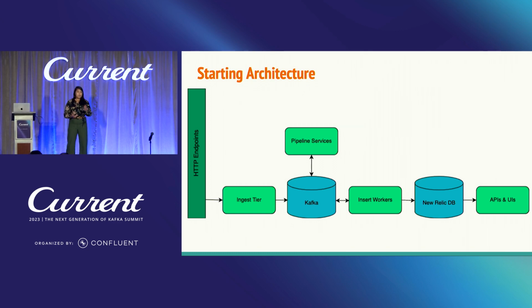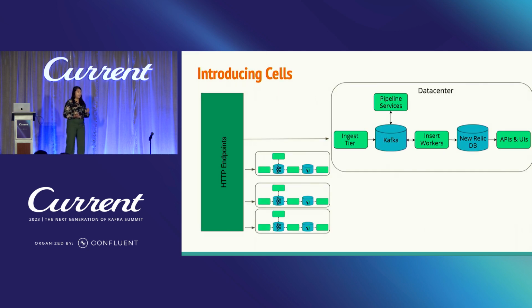The objective of moving to the cloud was also to implement a cellular architecture. Starting out, our definition of cells was a smaller version of New Relic. So we still had our data center, we still had data going into the data center, and then we started to send data into our cells based on particular data types or the account ID.